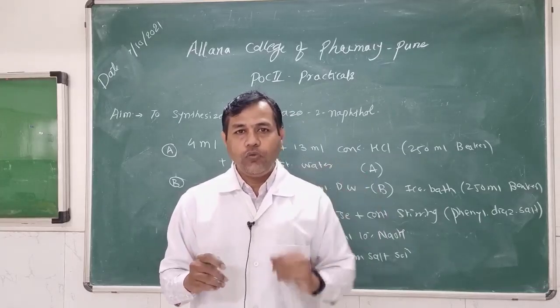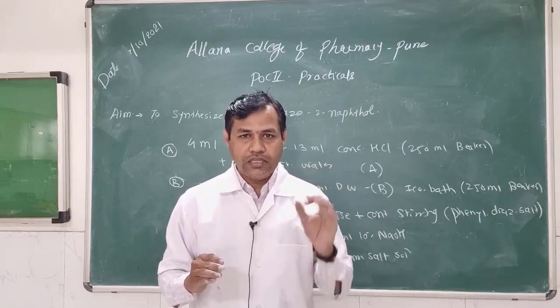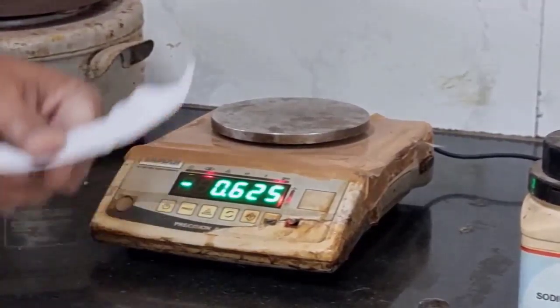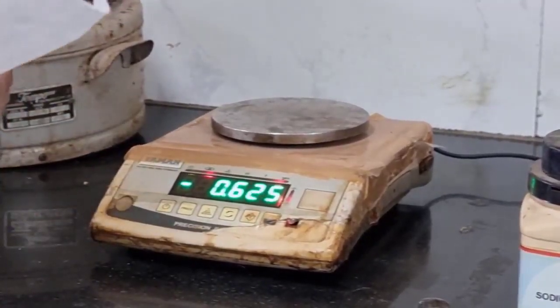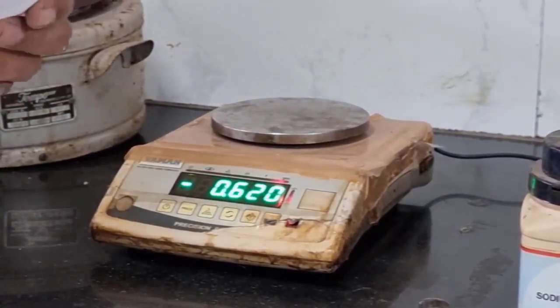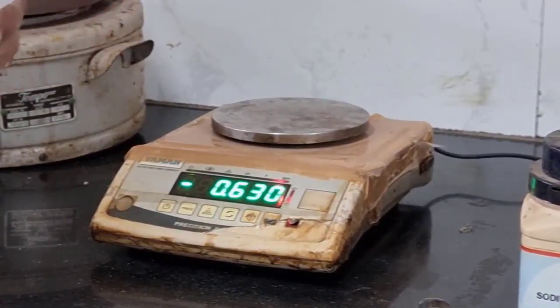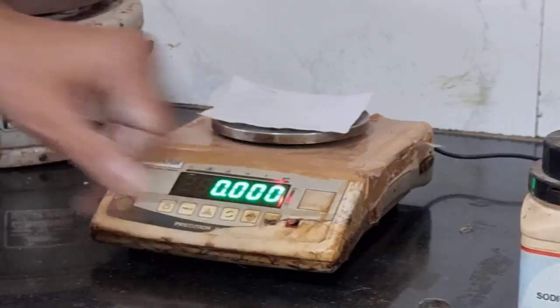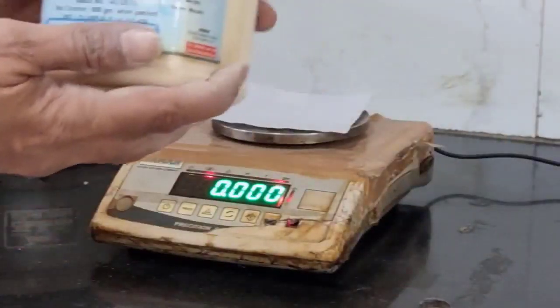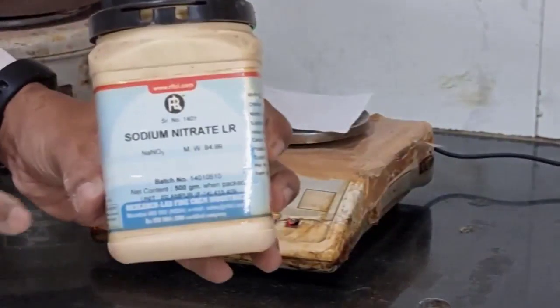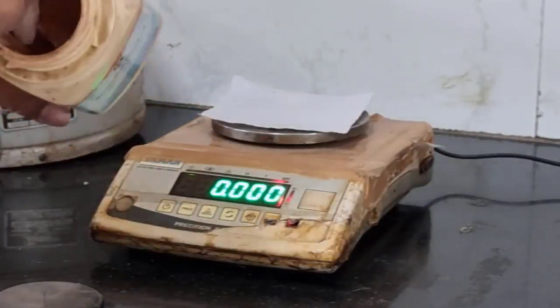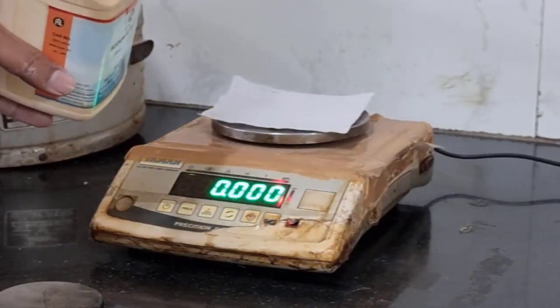So now we will continue with the actual practical experimental part. Here we are weighing the chemicals now. First I am going to take solid 3.2 gram of NaNO2. You can see this is sodium nitrite, solid. So 3.2 gram I have to weigh.